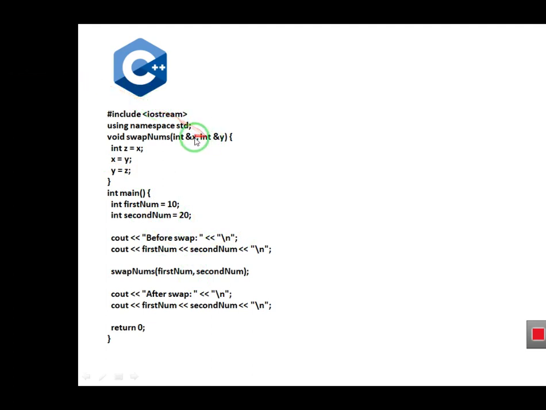So here it comes 10 and here it comes 20. Then x will be 10 and y will be 20, and then y will be 10. Then these two values can be interchanged in the main function. We will see how it works from the programming point of view, in the implementation phase.